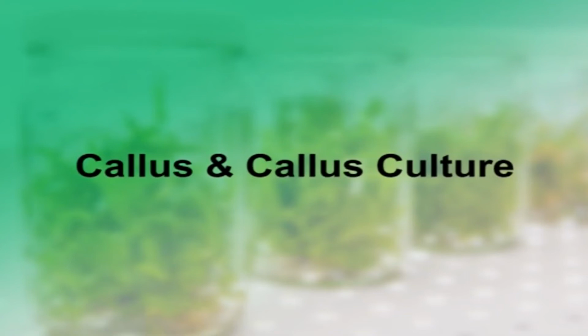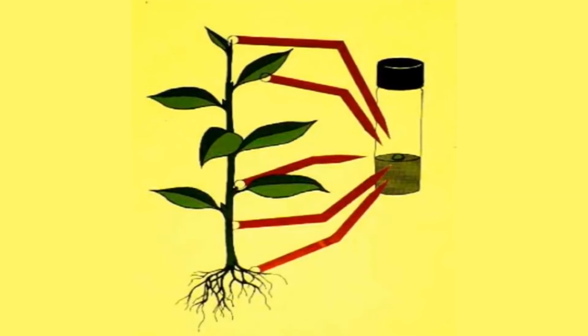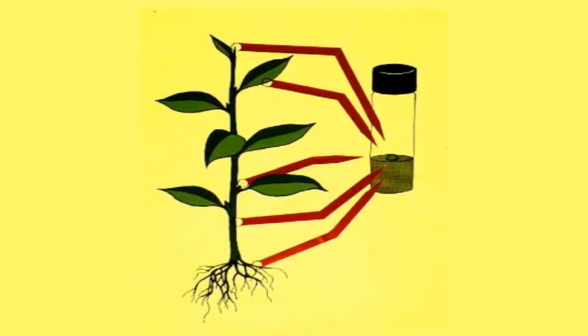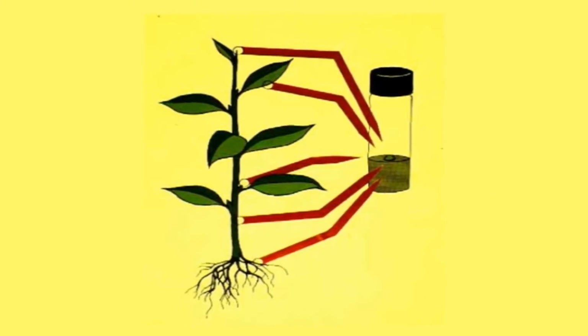So, the next important topic to be discussed is the callus and callus culture. Exceedingly organized and distinguished structures like stem, leaf, root and so on form the multicellular higher plant body. Different tissue systems present in different organs operate in a highly synchronized manner.